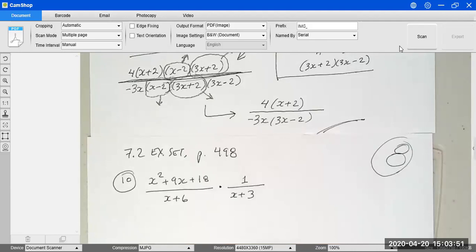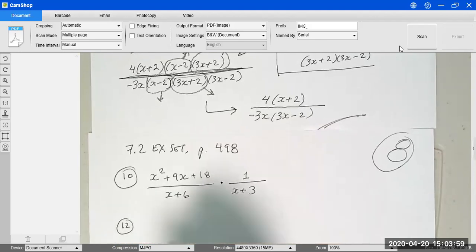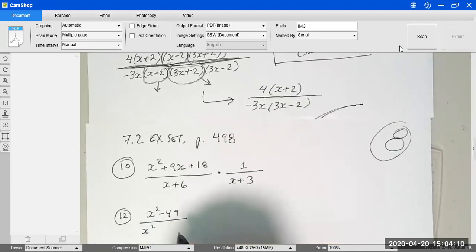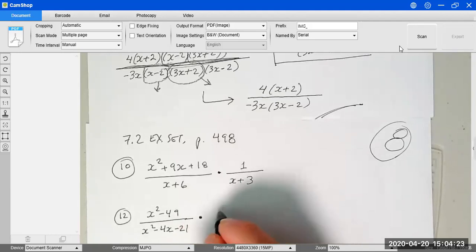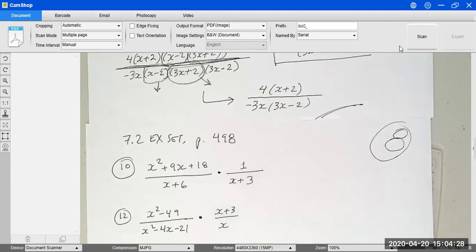And the other one that you're going to work is problem 12. Problem 12 is just going to be x squared minus 49 over x squared minus 4x minus 21, and this rational expression is multiplying x plus 3 over x.